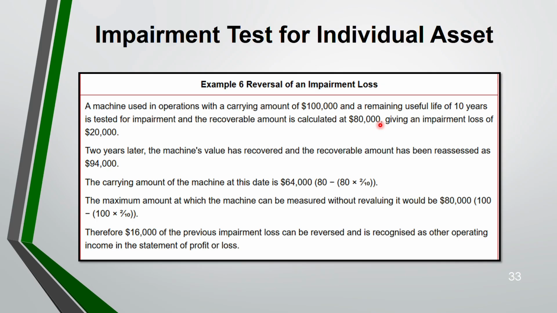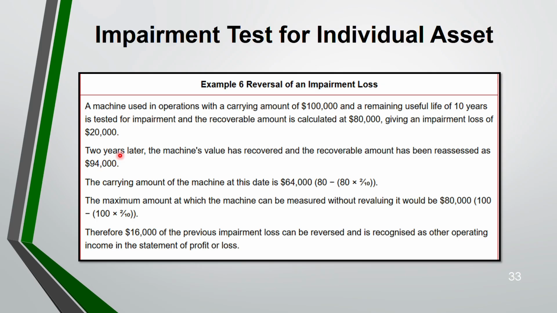In 2 years' time, you take the depreciation for 2 years out of 80,000 and deduct it. So it would be 80 into 2 divided by 10, because the total life is 10 years and you are taking it for 2 years, on 80. Then you deduct it from 80 and get the carrying amount. So in 2 years' time, the carrying amount is 64,000. Now compare the 64 with 94.